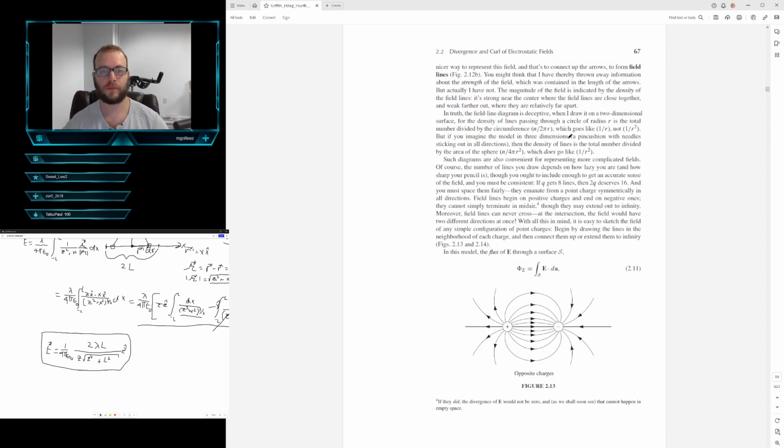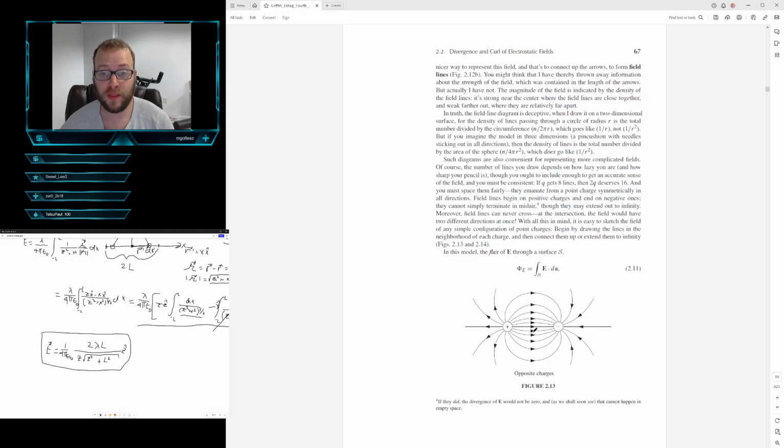Okay. So, you draw these field lines, and you can say that the electric field is denser when there are more field lines in a particular region.